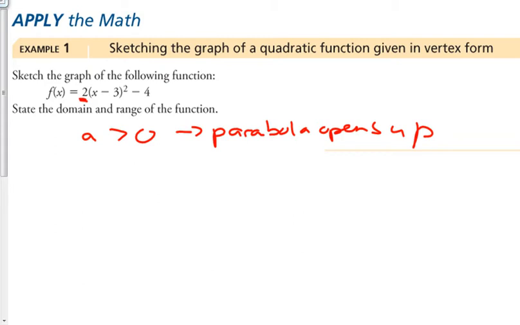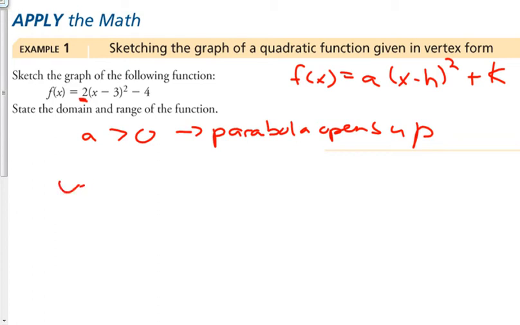The vertex is at h, k. Remember, our vertex form is f of x is equal to a times x minus h squared plus k. We can then find what our vertex is going to be.